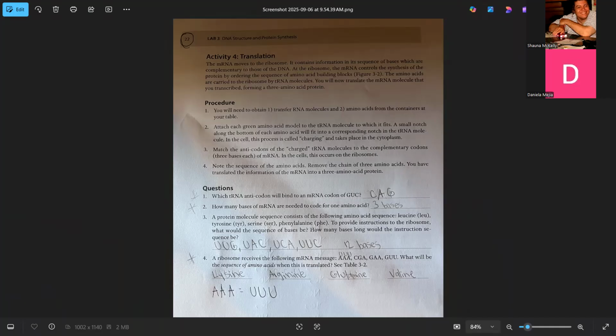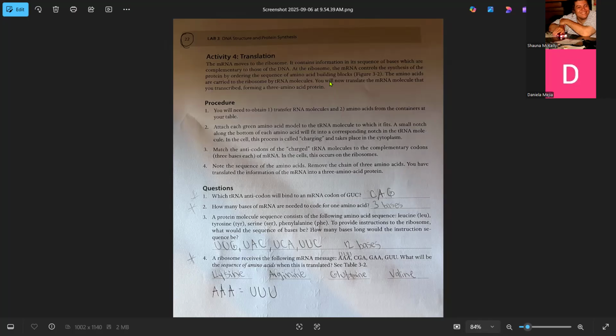In the cytoplasm, remember, not the nucleus of the cell. So the DNA stays in the nucleus, but the RNA travels from the nucleus to the ribosome, and that's where all of this is taking place.